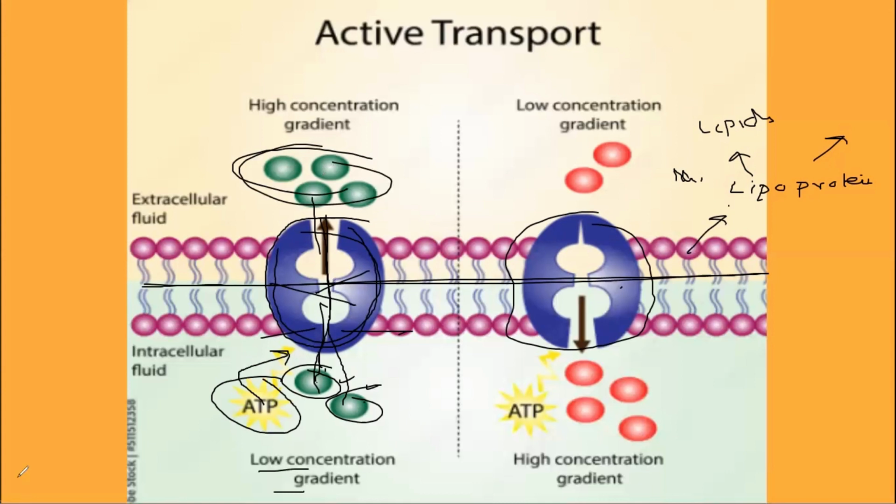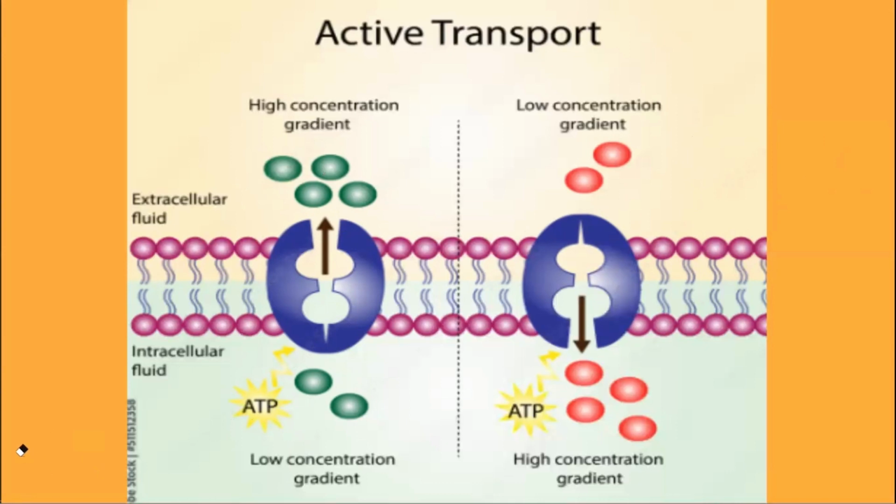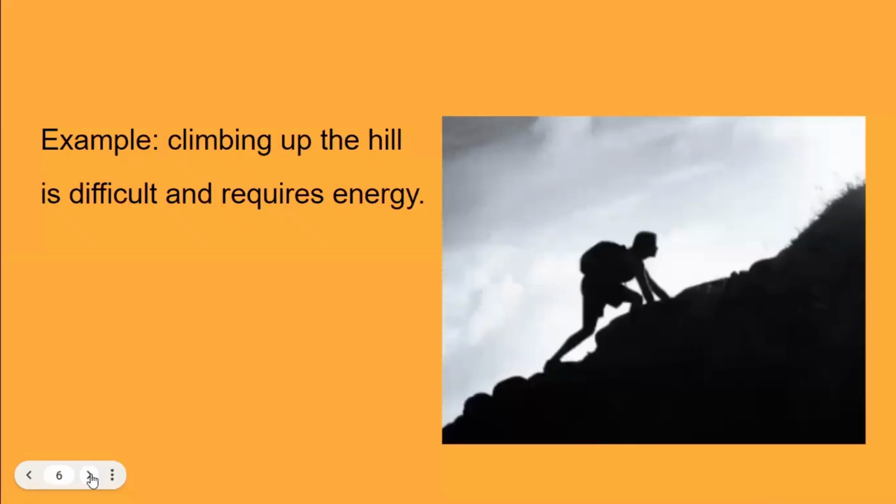So in our cell membranes, there are protein carriers, doors made up of proteins. When these doors open just to let a few particles go out, energy is needed. But when many particles are going from high to low concentration, no energy is needed to open the door. For example, active transport is like climbing up the hill.